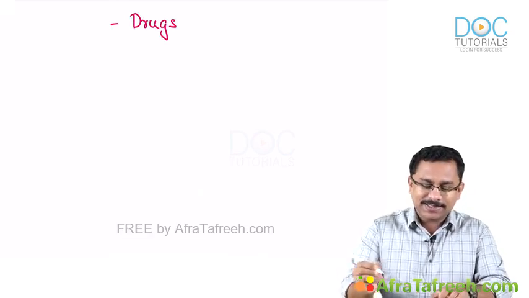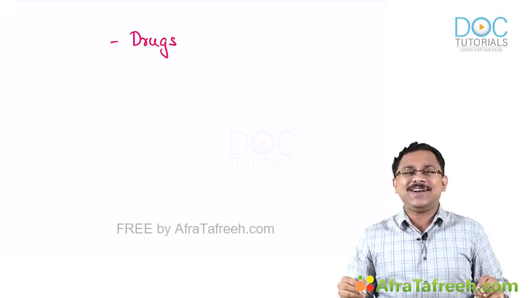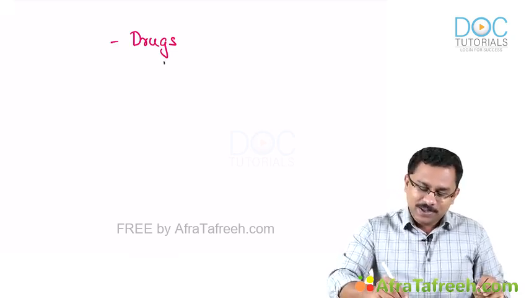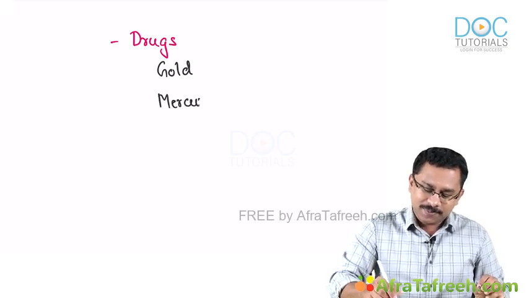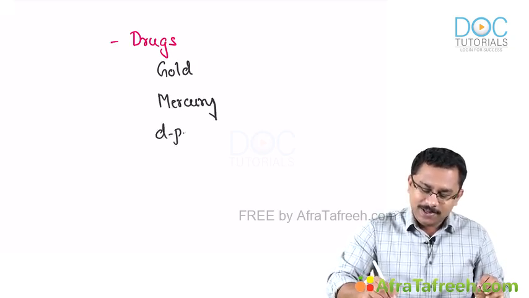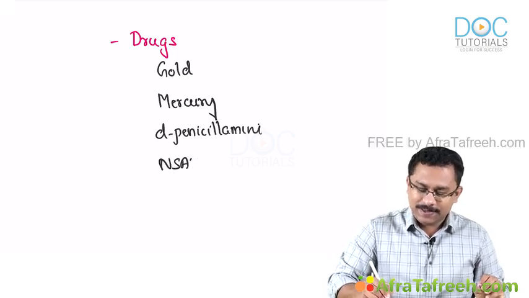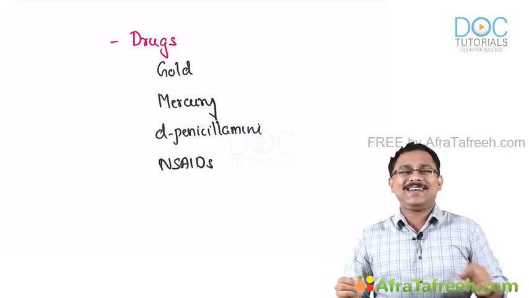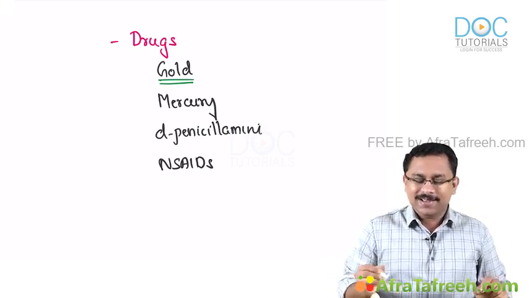Then you can have drugs associated with membranous nephropathy. And what are the drugs associated with membranous nephropathy? You can have gold, mercury, D-penicillamine, and NSAIDs. Now, something that is very interesting here is that you see here gold.